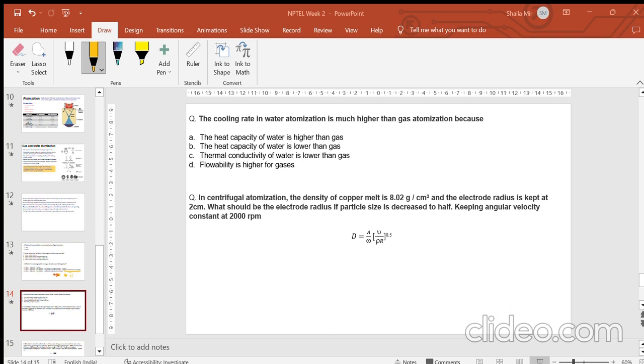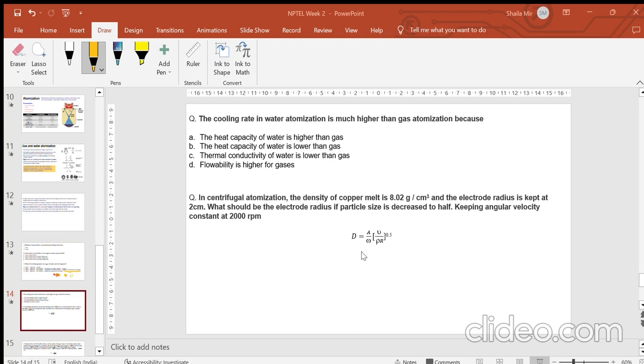Say for example, I am trying to achieve a particle size which is half of what it was earlier. So what should be the electrode radius? What will be its influence? We know that the particle size is given by A times the angular speed of the rotating disk in the case of centrifugal atomization, which is based on its surface energy, the density of the melt, and the radius of the electrode.